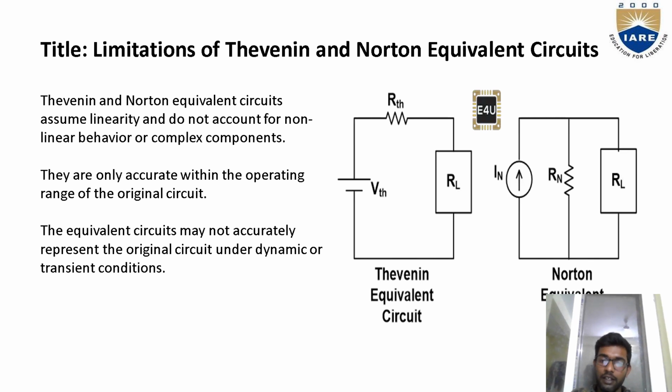On the right side, we have seen Thevenin's equivalent circuit and Norton's equivalent circuit. For these two circuits, we have some limitations. That is, Thevenin's and Norton's equivalent circuits assume linearity and do not account for non-linear behavior or complex components.